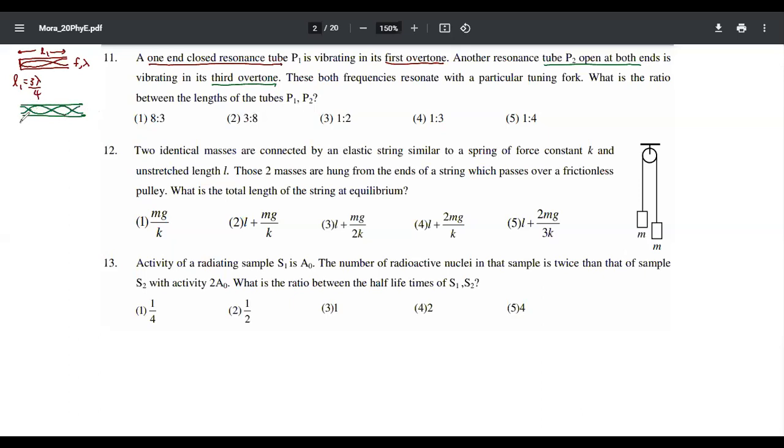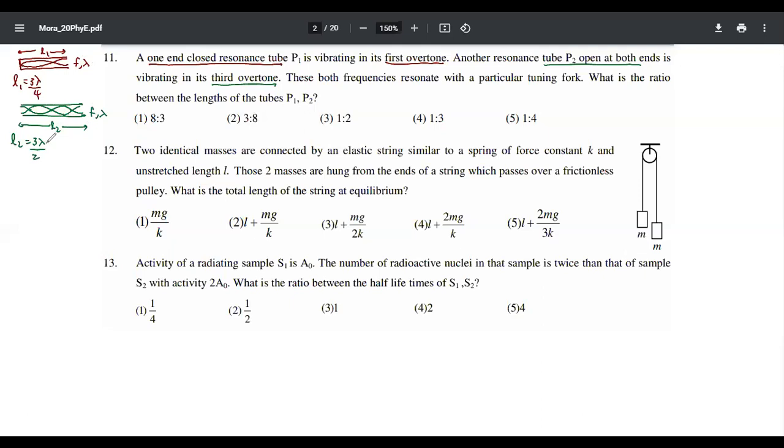Take the length as L2, with the same f and lambda. The relationship between lambda and L2 this time is L2 equal to 3 lambda by 2. The important thing is both will have the same wavelength because they resonate with the same frequency and are subjected to the same speed of sound in air.